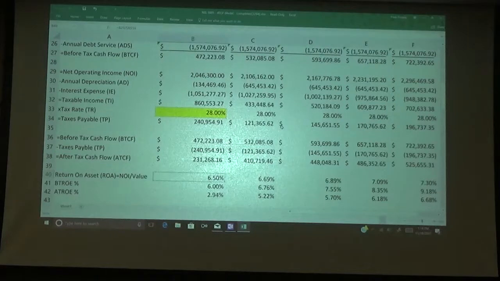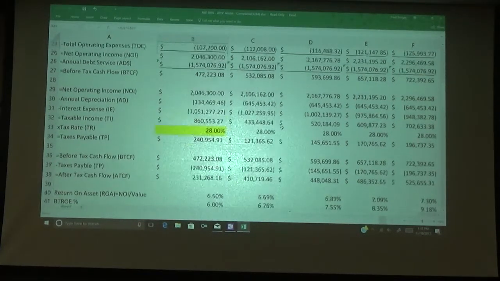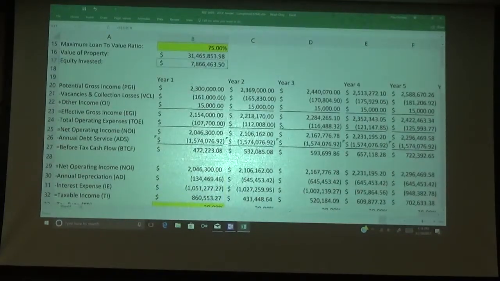In this particular case, for that first year, our before tax cash flow was $472,223.08, and our equity investment, if we go back up, was $7,866,463.50. Okay, so let's do that and double check to see if it's correct.